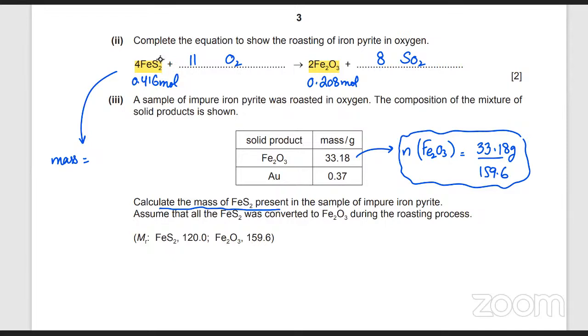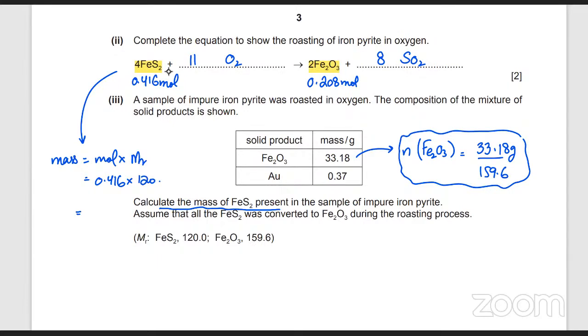As it's a mass, even write the formula as well. Like how do you calculate mass? It's moles multiplied by the MR. The moles are given, that's 0.416. And tell them exactly whose mass you're calculating: the moles of FeS2 multiplied by the MR of FeS2, which is 120. That's given.